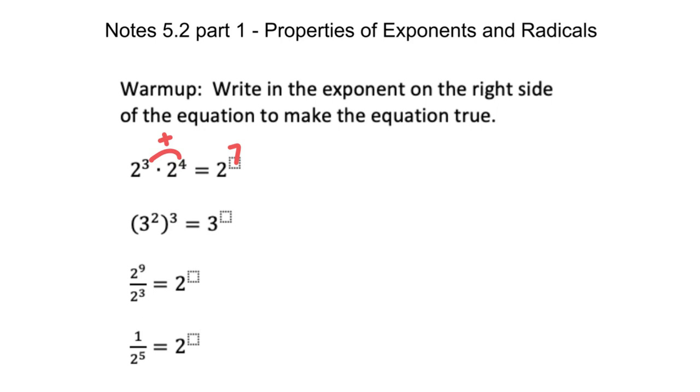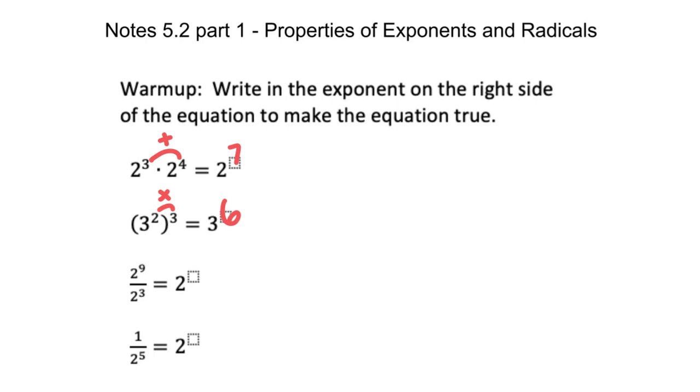Now, if we have something like this, where we have an exponent situation inside of parentheses with an exponent on the outside of the parentheses, what you're going to do is you're going to multiply those two exponents. So 2 times 3 would make this 3 to the 6th.